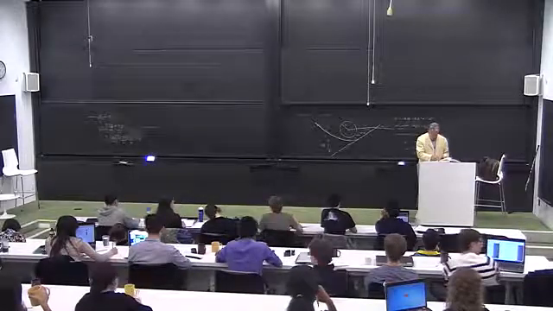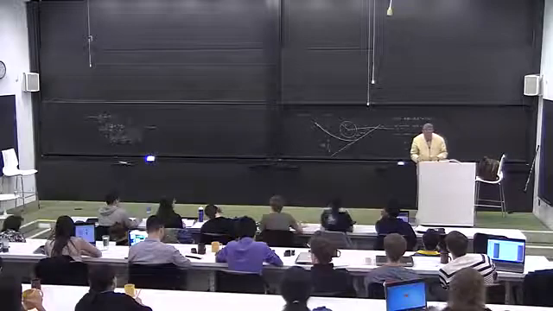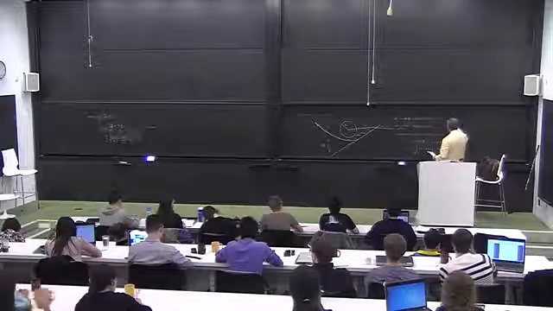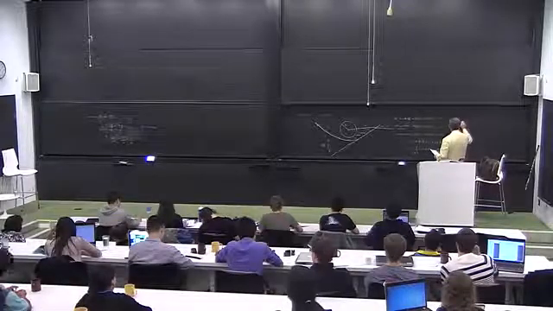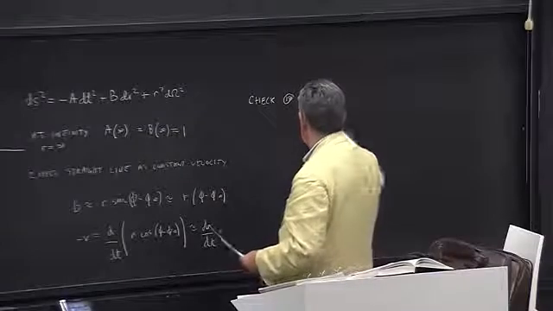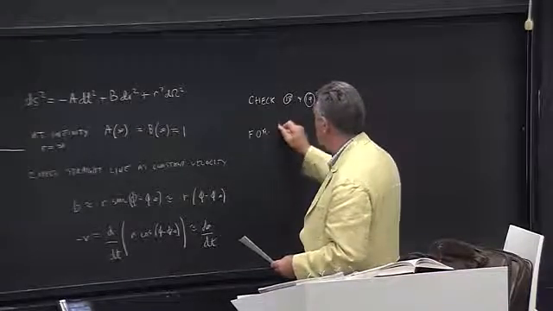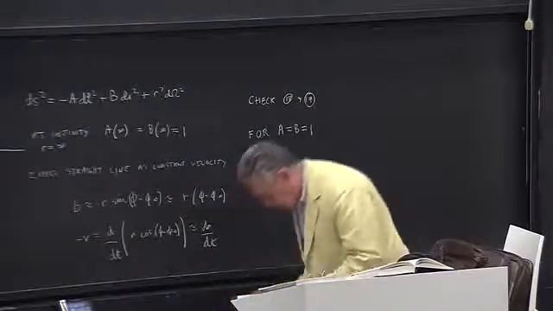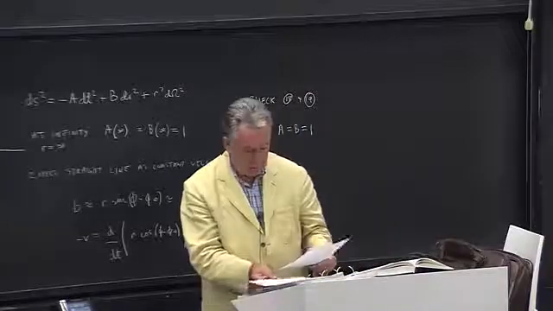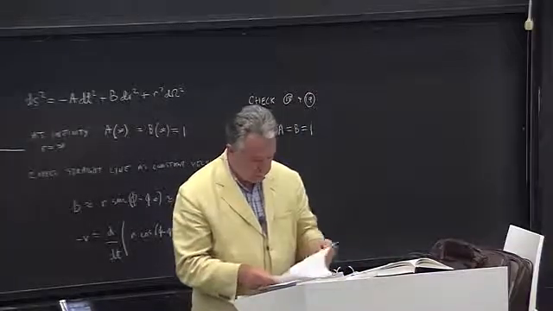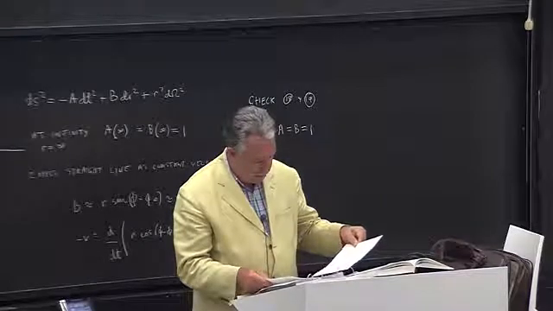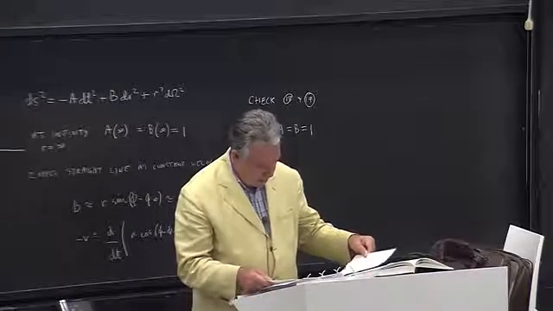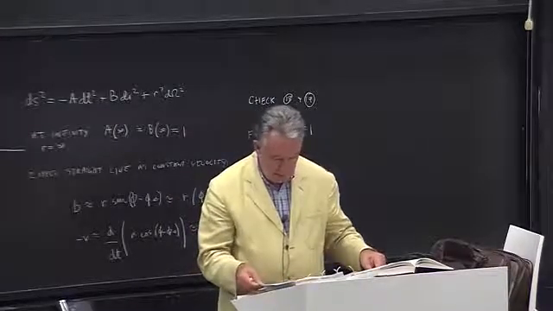Now we want to see what happens when the sun is there. Well, the first observation is that at the point of closest approach, dr/d phi vanishes.